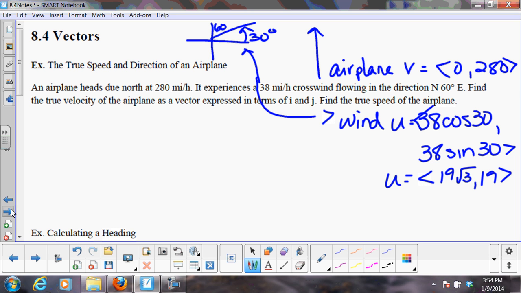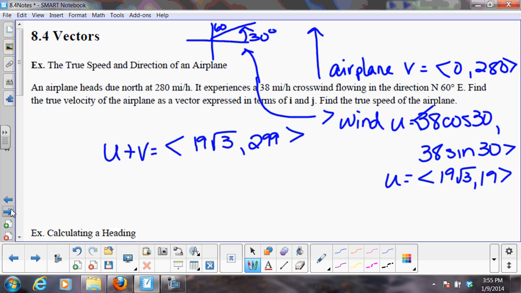All right, and they want to know, find the true velocity of the airplane. Well, you have to add the two together. The speed of the airplane plus the wind will give us the true velocity of it. So we're going to add the U plus the V. And if you add those two together, we get 19 square root 3 and 299 from the 280 and the 19.